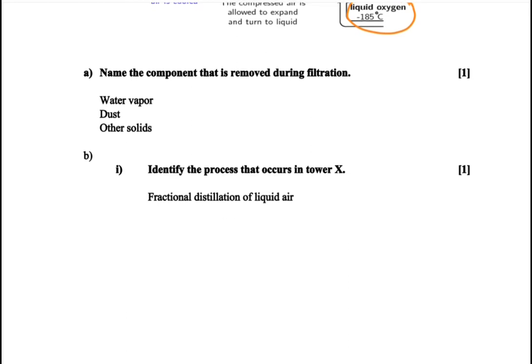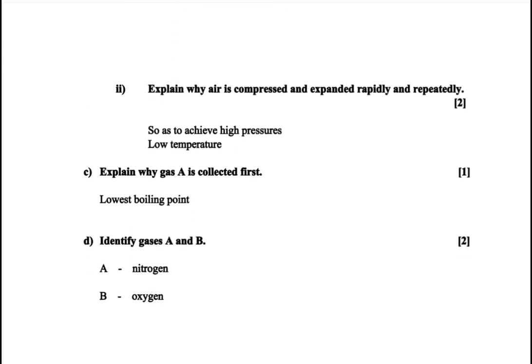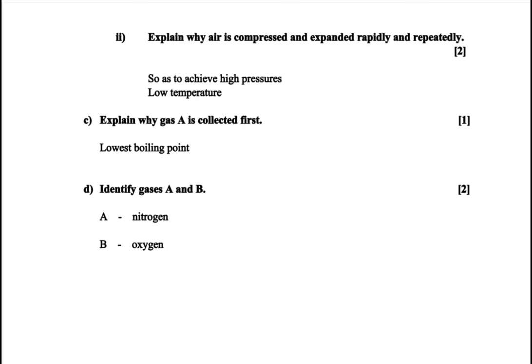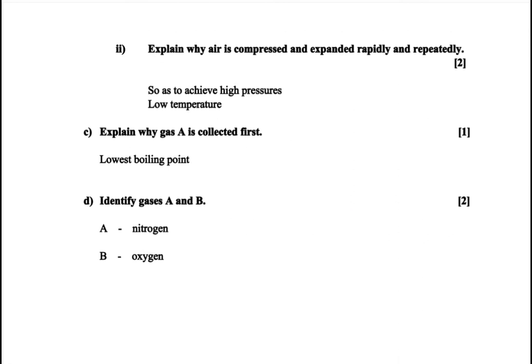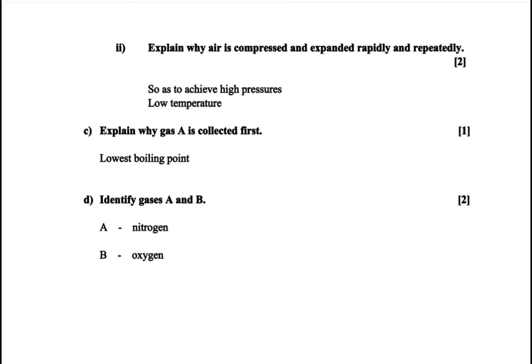We have another question: explain why air is compressed and expanded rapidly and repeatedly. As we said just now, when air is compressed, it increases the bombarding of particles, and that increases the heat.